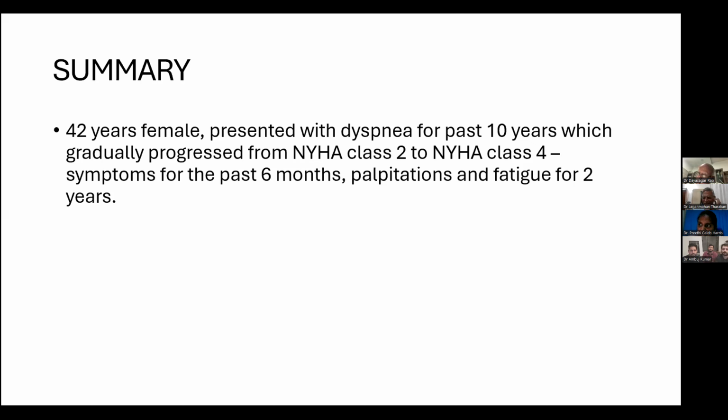Correct. Then second, it's sudden death also. Generally, yes, cardiomyopathies and channelopathies. These are not really called congenital, they're called hereditary because they manifest later in life, isn't it? So they have the inherent mutations right from birth.